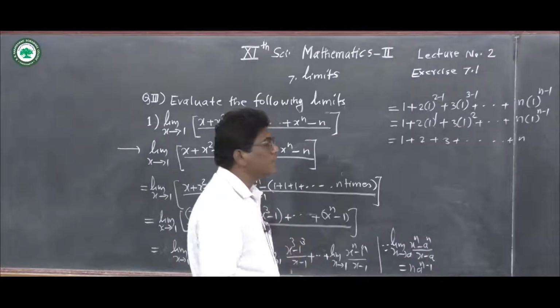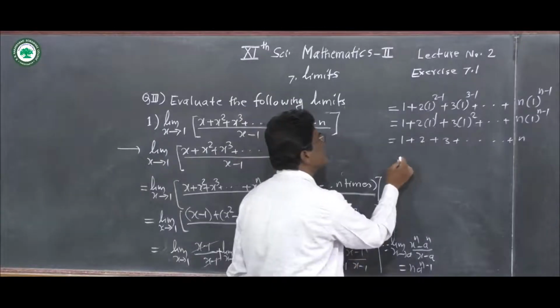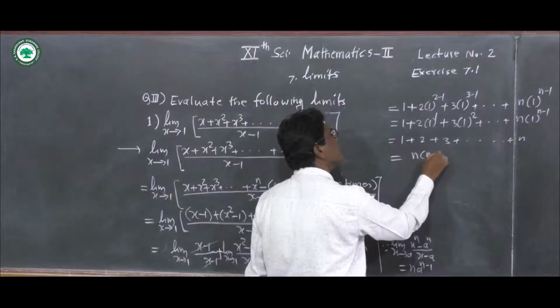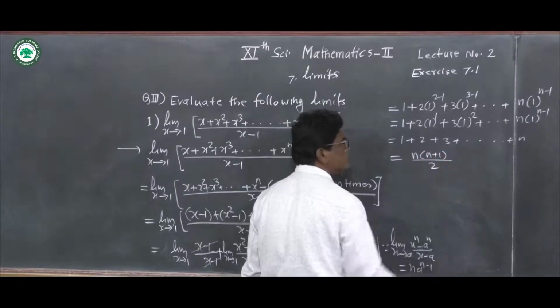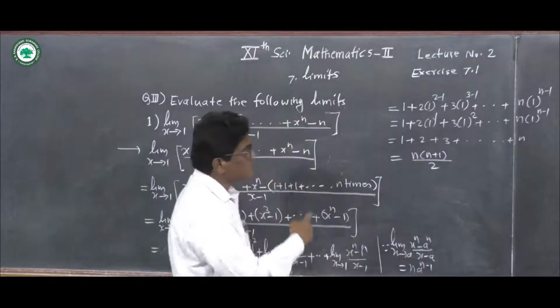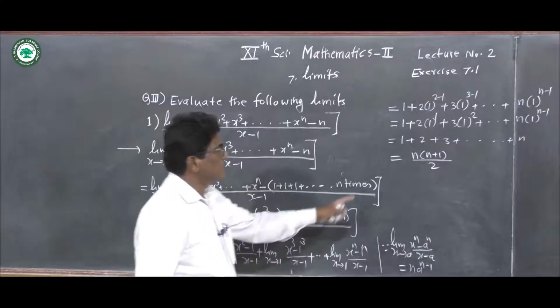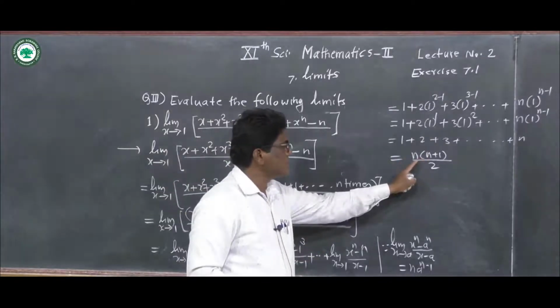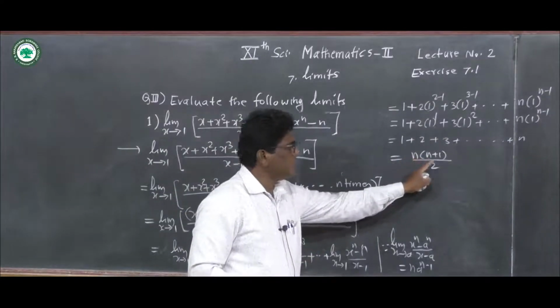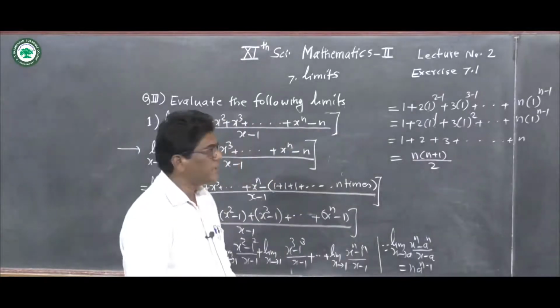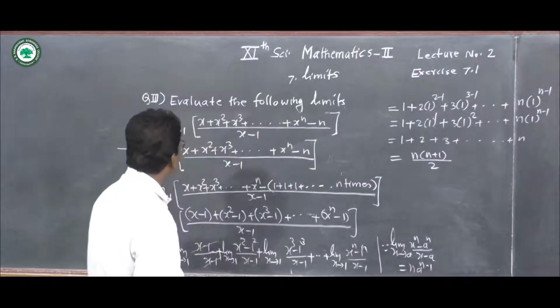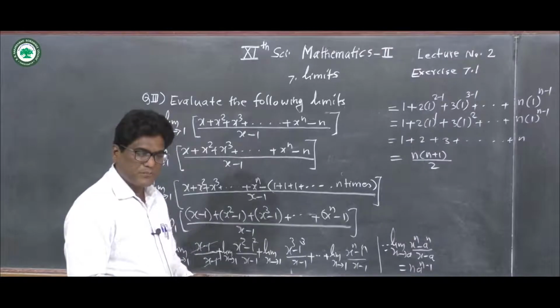And we have seen at school level, this addition is n into n plus 1 divided by 2. In sequence and series also we have seen the addition of first n terms is equal to n into n plus 1 divided by 2. This is the final solution of the first problem in question number 3.